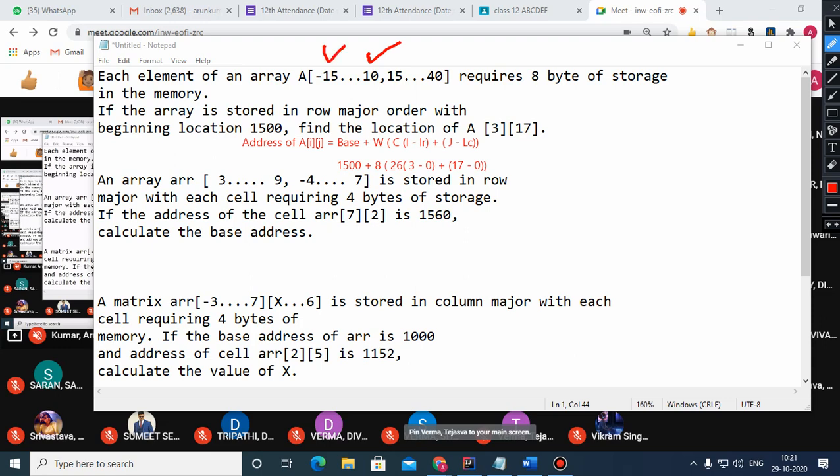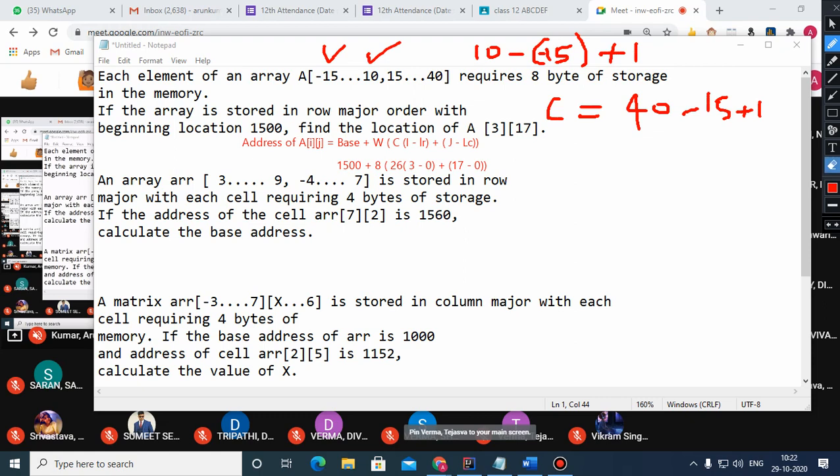So the total number of rows will be 10 minus 15, which is minus 15 plus 1. So it is 26. And for the total number of columns, it is 40 minus 15 plus 1, which is 26. So this is how you can calculate the total number of rows and columns.